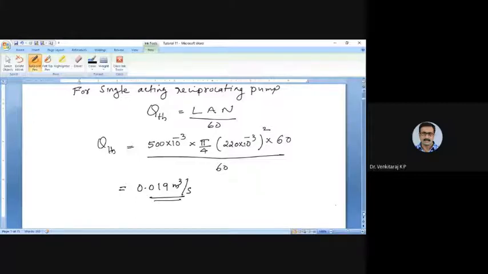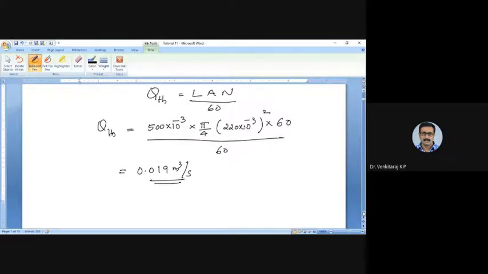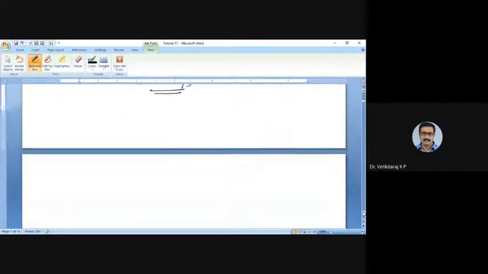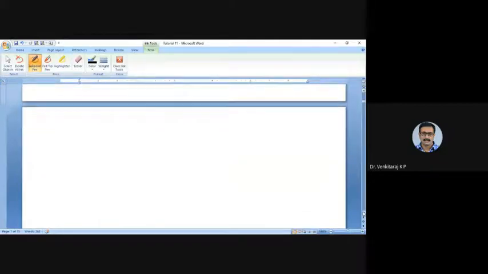So the actual discharge is specified, theoretical discharge value we have calculated, so from that we can calculate the slip. So slip of the pump, that is S, which is the difference between theoretical and actual discharge.